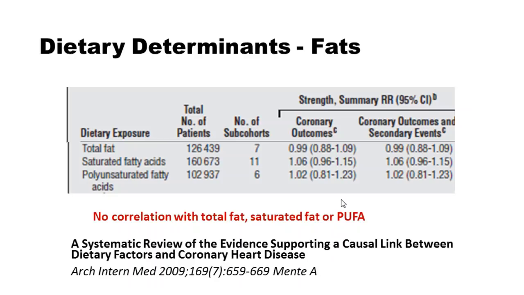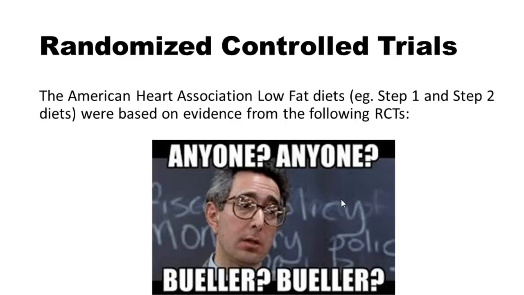It's 0.99 for total fat for either coronary outcomes or secondary outcomes. Really, at 1.0, you see that there's no correlation at all between eating more fat and higher risk or less fat and higher risk. And if you look at the number of patients, it's like 160,000 patients that we've studied.